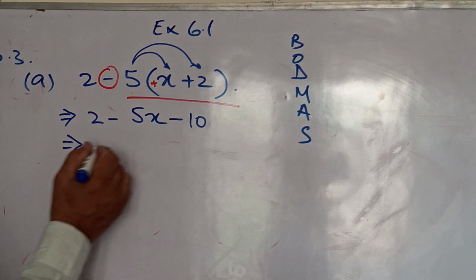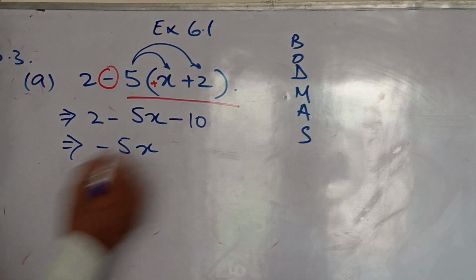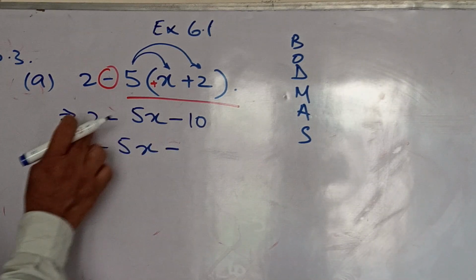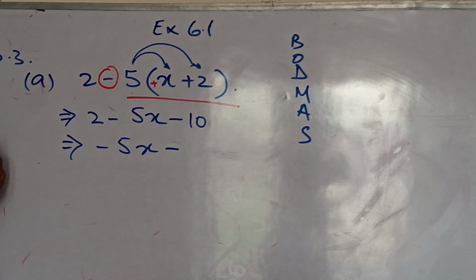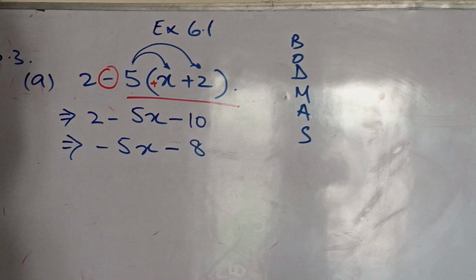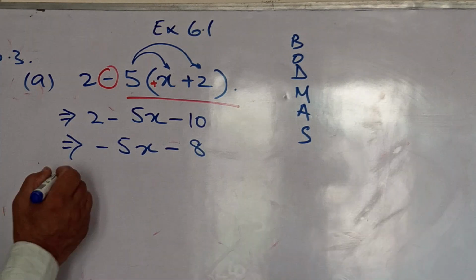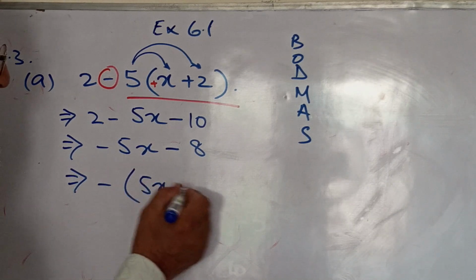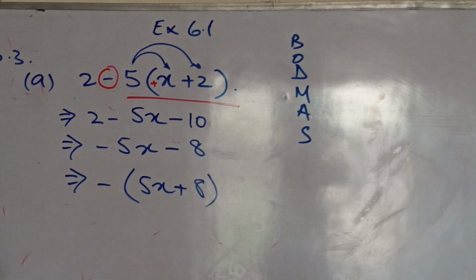So it will become minus 5x, and minus 10 plus 2 will become 8 with sign minus. I have already told you this. So this is our whole answer. You can also do it like this. Both are valid.